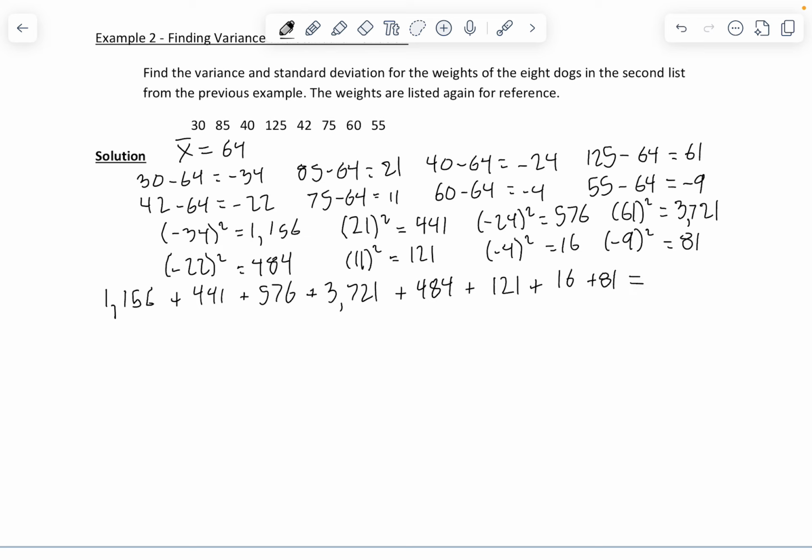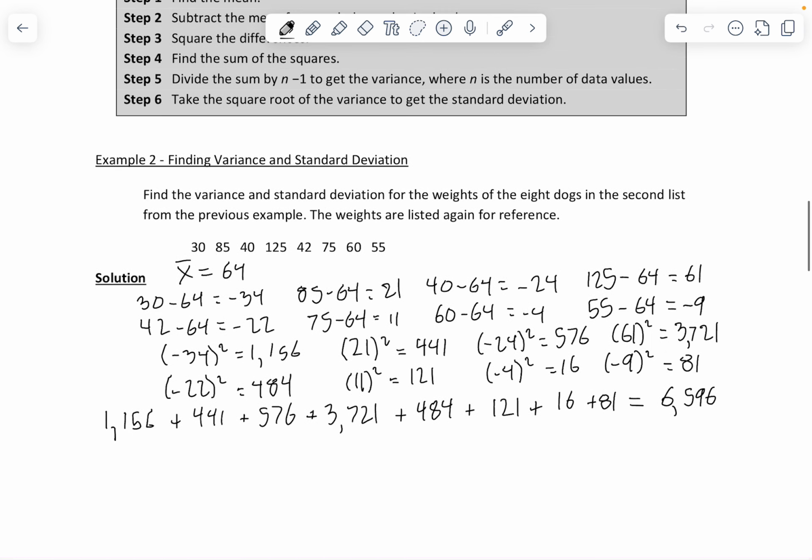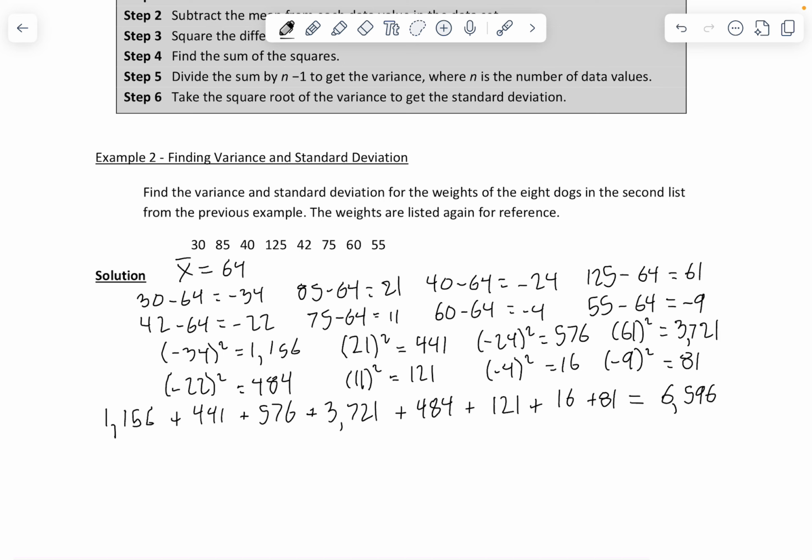Okay, these add up to 6,596. So that is the sum of the squares. That was step 4 that we just did.